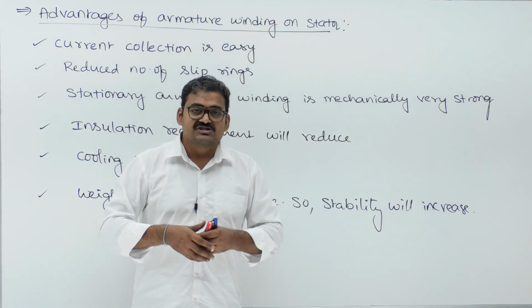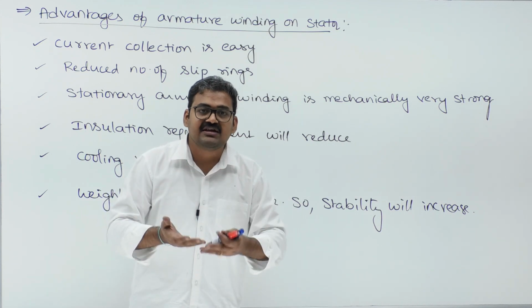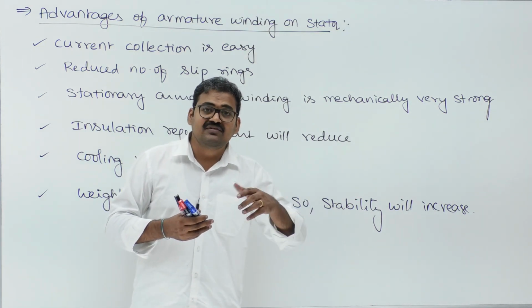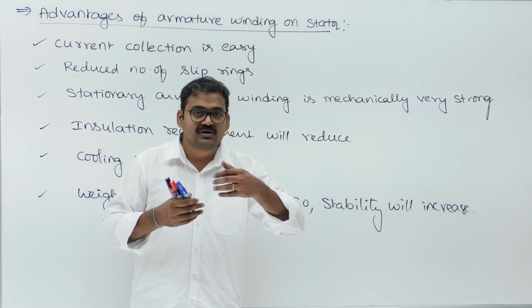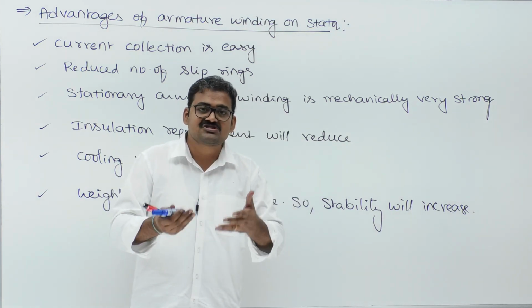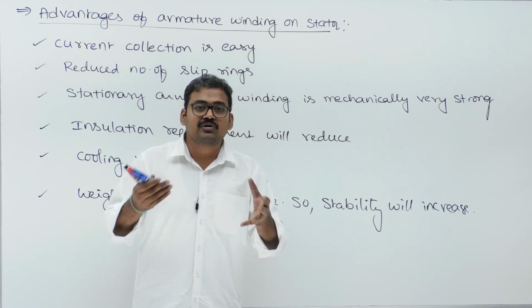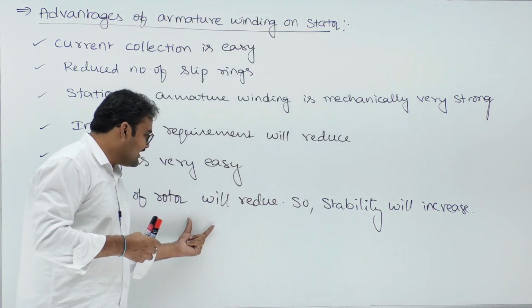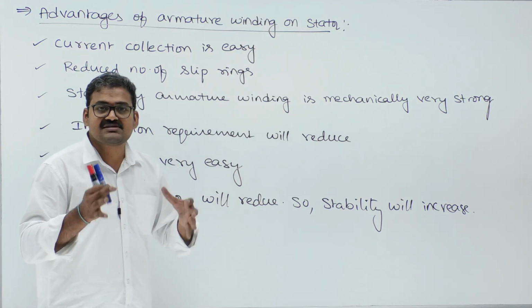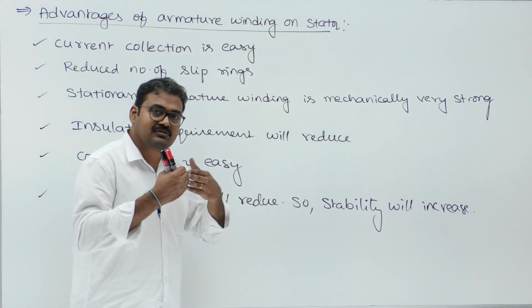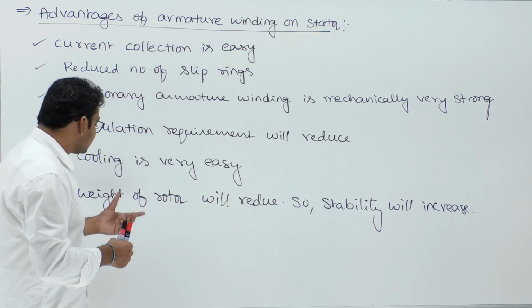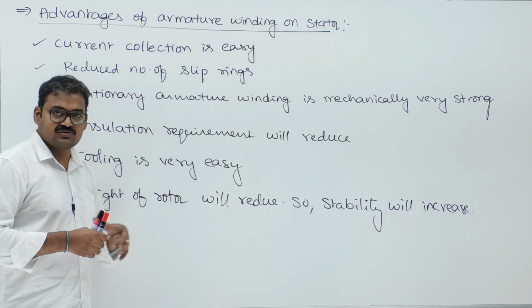Suppose if rotor weight is very high, then getting back to the synchronous speed will take a lot of time, because weight is more, then inertia will be more. If inertia is more, rotor will take more time to get back to synchronous speed. But if the weight is very less, definitely rotor will take very less time to gain synchronous speed back. So the stability will increase whenever the rotor weight is reduced.